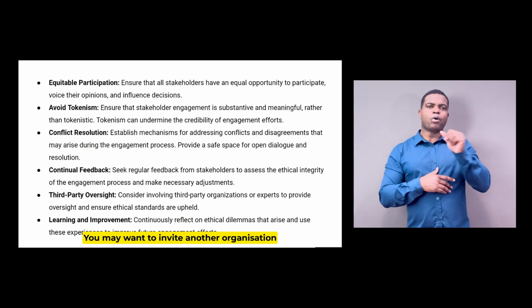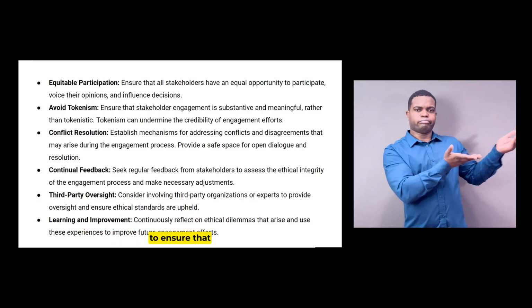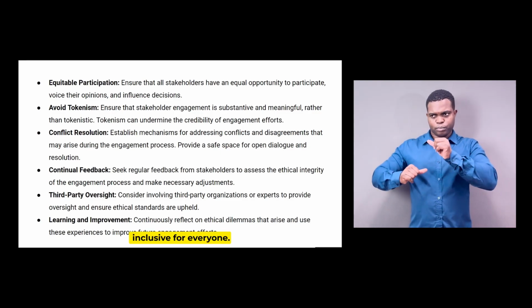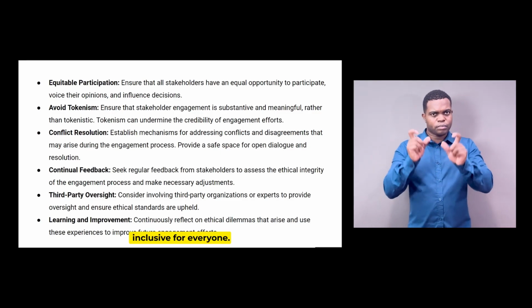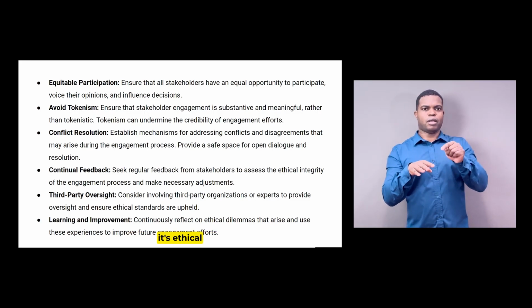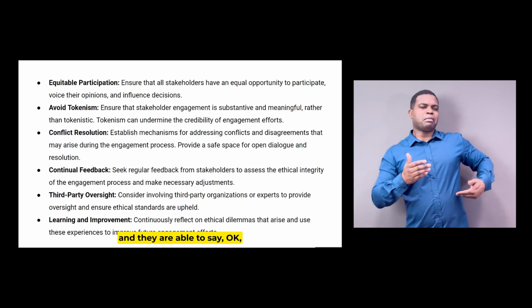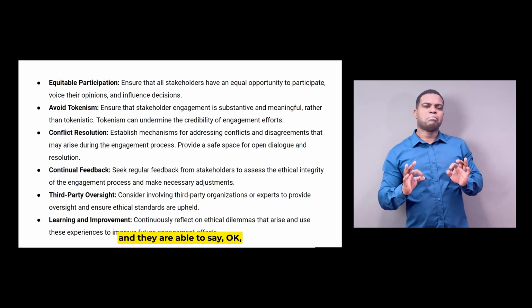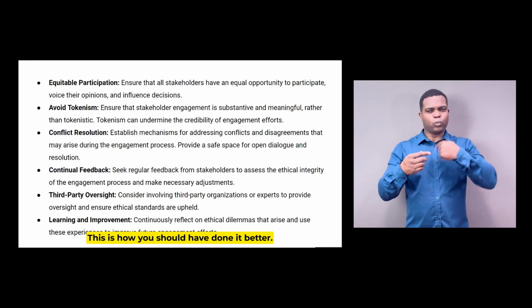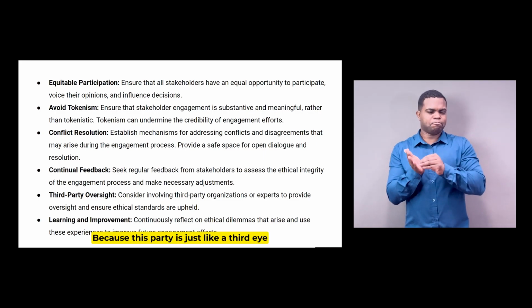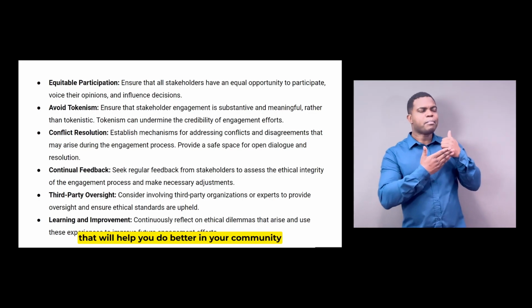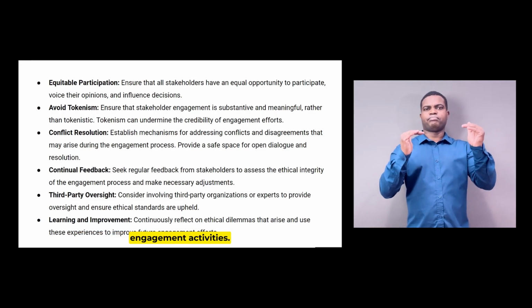You may want to invite another organization to ensure that the process is inclusive for everyone. The process is inclusive, it's ethical, and they are able to say, okay, this is what we have identified. This is how you should have done it better. Because this third party is just like a third eye that will help you do better in your community engagement activities.